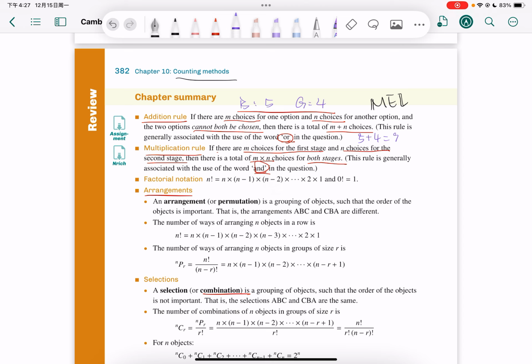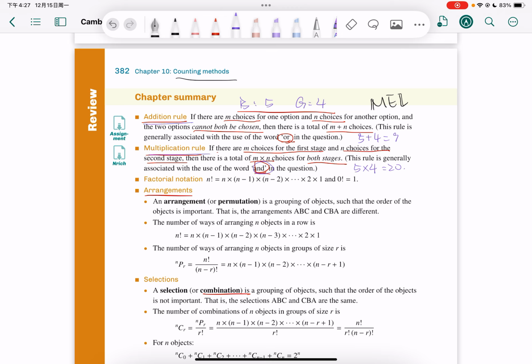If we want to choose 1 girl and 1 boy, so 2 people from the group, to do the competition, then we have 5 choices of boys and 4 choices of girls. So that's 20 choices. That's the difference between the addition rule and the multiplication rule.